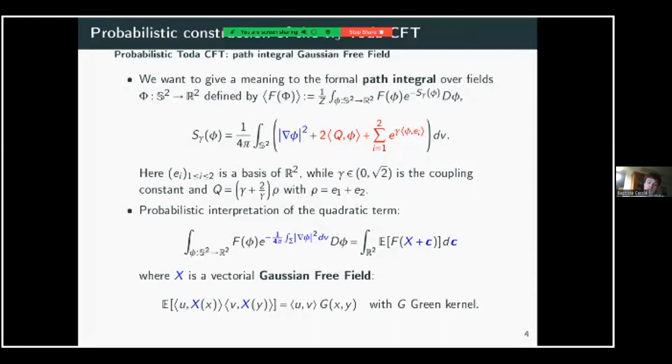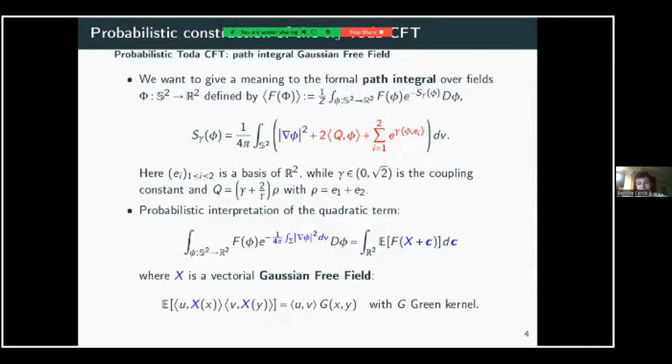The property of this two-dimensional Gaussian free field is that, if you take an orthonormal basis, then the components are two independent Gaussian free fields. Of course, you need to add this constant mode, this zero mode, to remedy the fact that the Gaussian free field has zero average over the sphere.